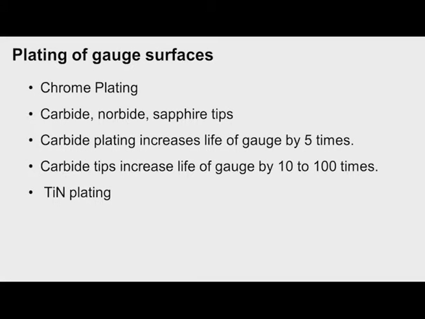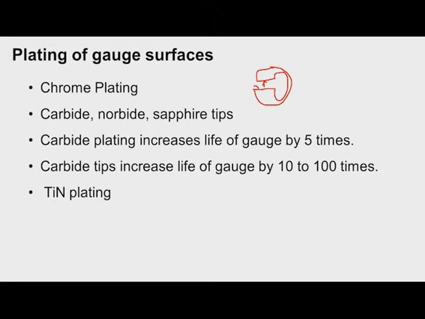Now sometimes the plating is also made on the gauge surfaces. For example, say we have a gauge surface like this. So this is the surface of the gauge, and then this is the gauging surface, and this is also a gauging surface.